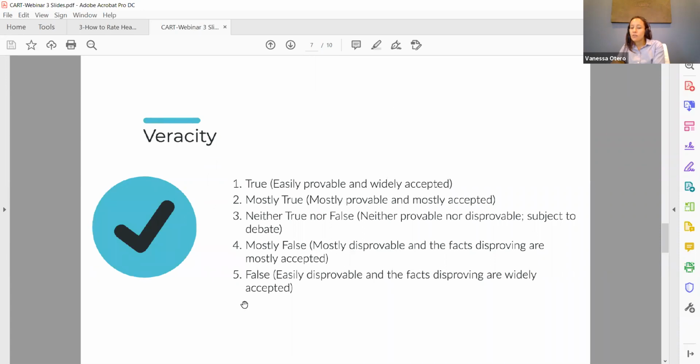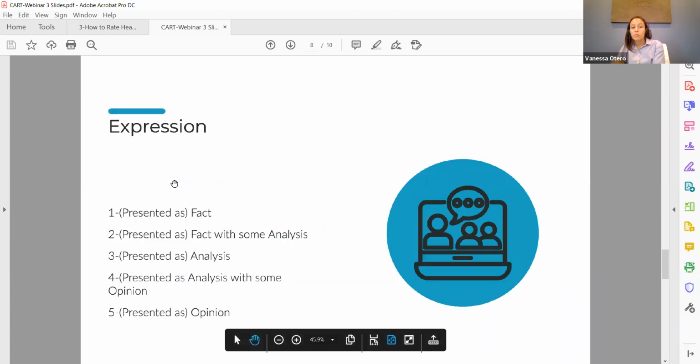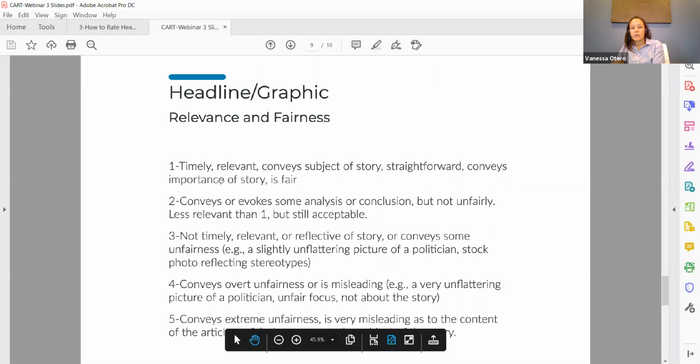We have a scale of 1 to 5 for veracity. We have a scale of 1 to 5 for expression, for how stuff is presented. And then we also have, in the training materials for CART 2, considerations for rating the headline and graphic. The main considerations are relevance and fairness, especially for the graphic. And so we're going to go ahead and rate those.